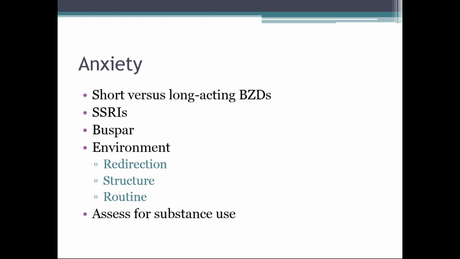Is there an issue with needing to reduce stimulation in the environment? This is almost referring more to people who may have a major neurocognitive disorder, that they get real overwhelmed and they need to be just verbally redirected. But even for an older adult who doesn't meet criteria for a neurocognitive disorder, routine is good.